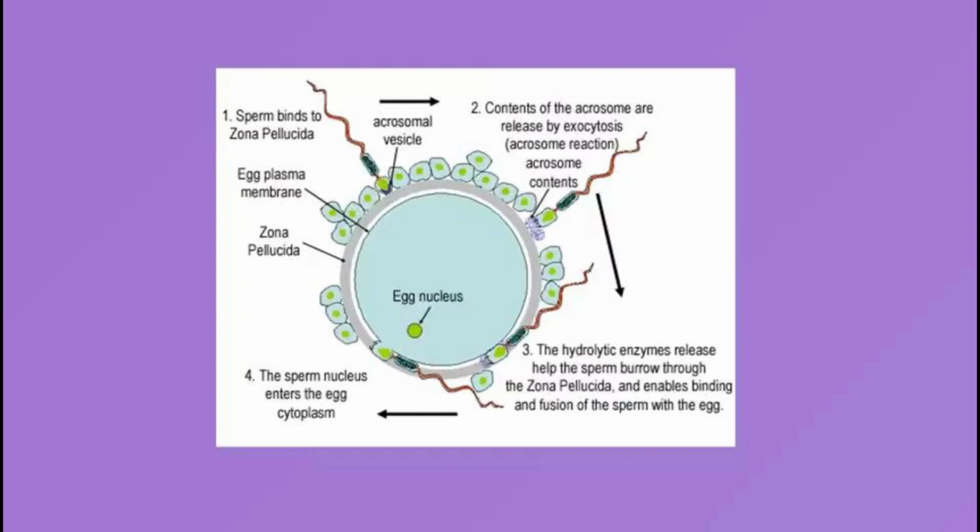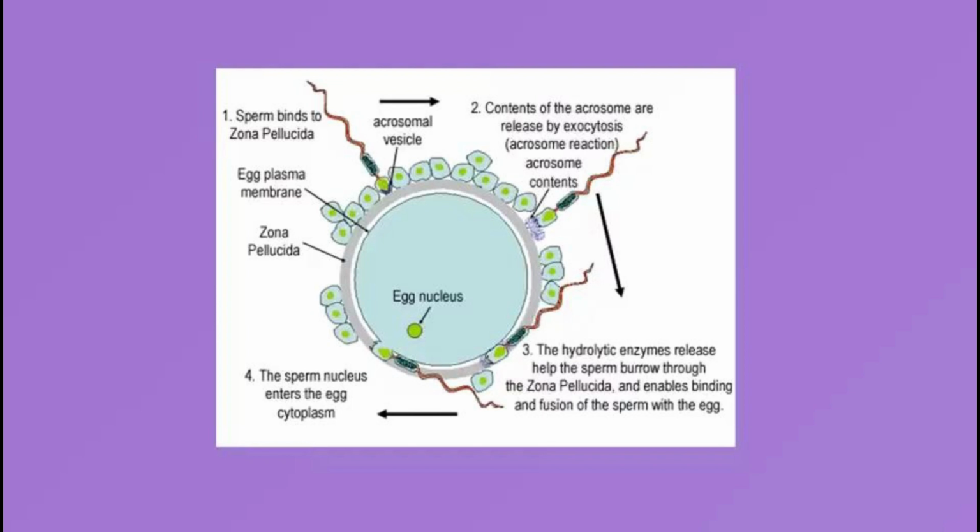Enzymes digest the zona pellucida as the acrosome fuses with the cell membrane of the sperm and then releases those digestive enzymes to digest the membrane of the ovum.